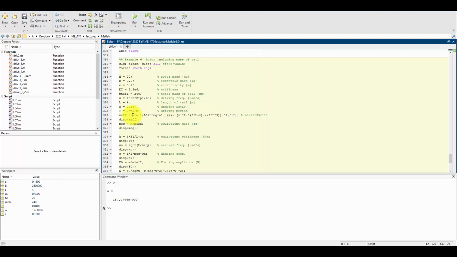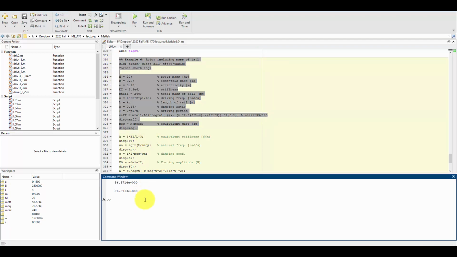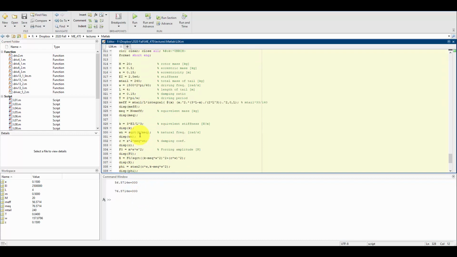So the effective mass, I get that 56.6 or 56.5 kilograms. So when I add that to my point mass located also at the end of the cantilever beam, I'm going to get the MEQ 76.57, 76.6, just like I had. Then I can go and look at the stiffness. Again, same calculations that I already did.